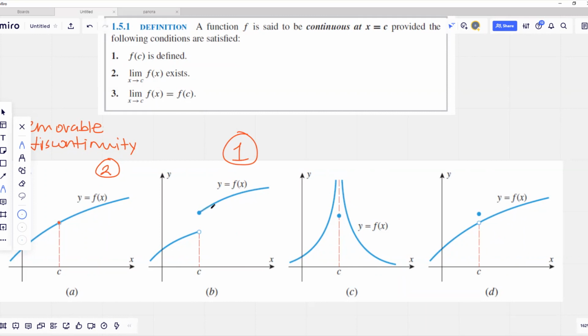We can see that the one-sided limits, so the left-sided limit as we approach point c from the left and the right-sided limit as we approach point c from the right, are not equal to each other, meaning that the two-sided limit doesn't exist. Here, we cannot fix that problem by simply plugging in a single point. And this type of discontinuity is called a jump discontinuity.